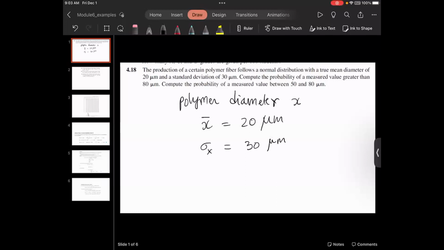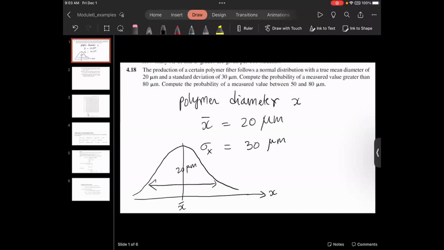If you just think about the bell curve, this is for the variable X, and the average is here. The average is 20 microns, and the width of the distribution, or the standard deviation, is 30 microns.